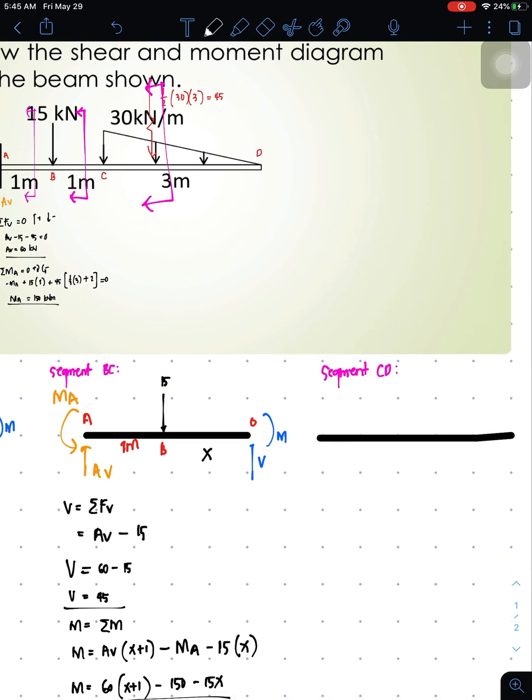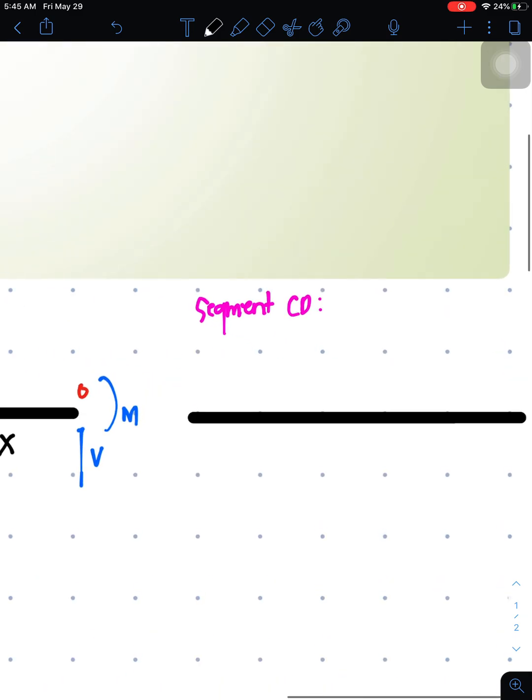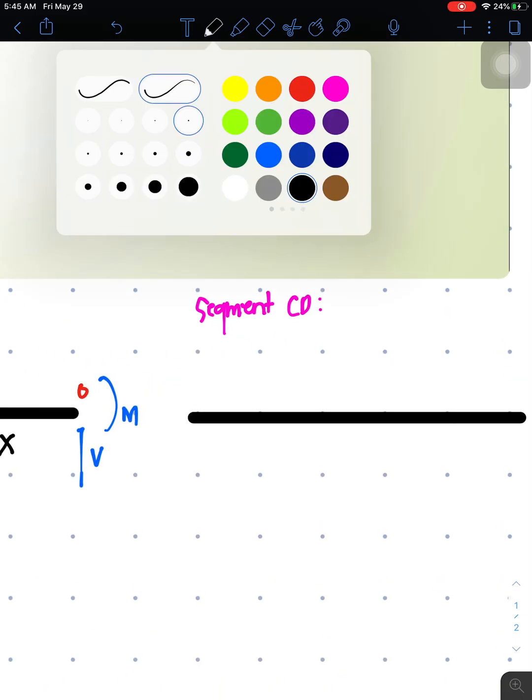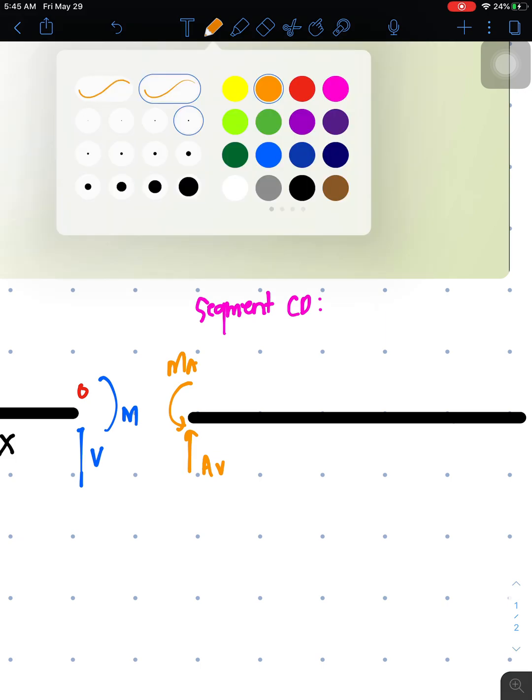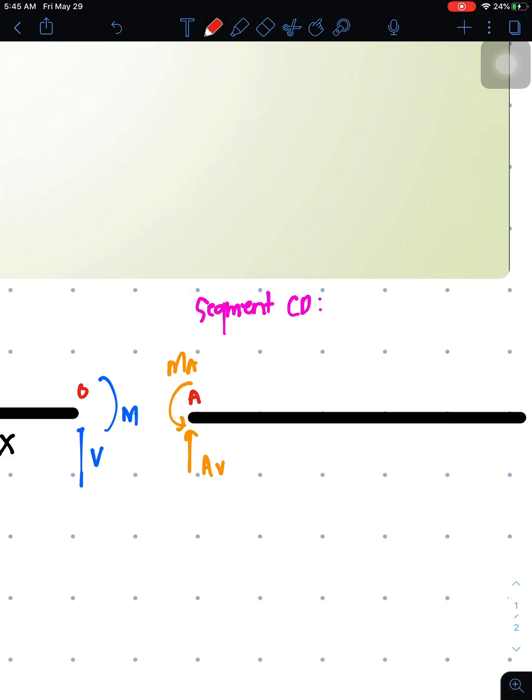Okay, that's the cutting. And then do not forget to return AV. Then you have MA. Then of course this is point A, then this is point B, and this is point C, and this is the point of cutting, point O.